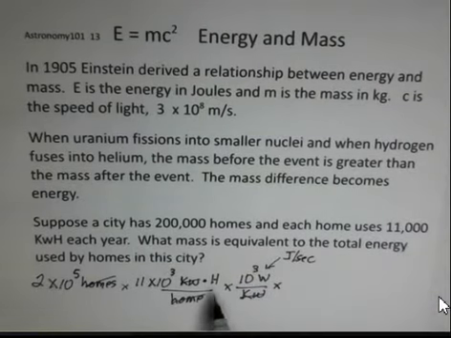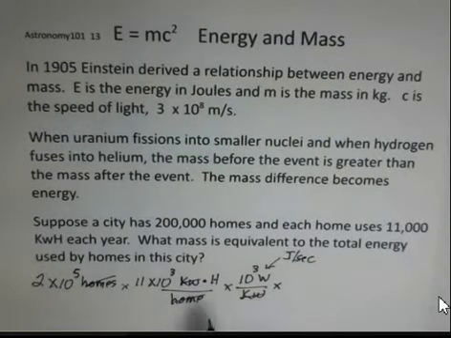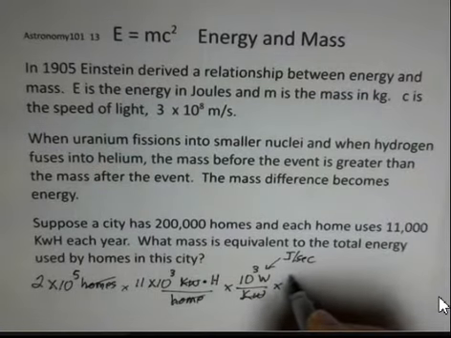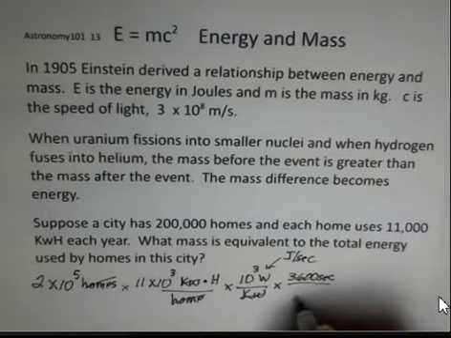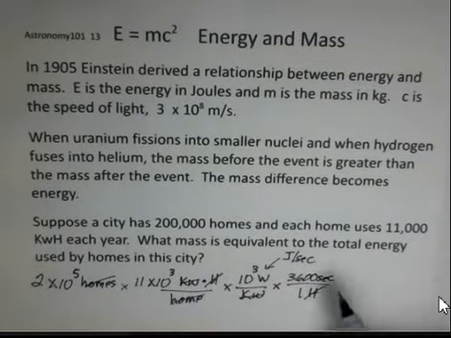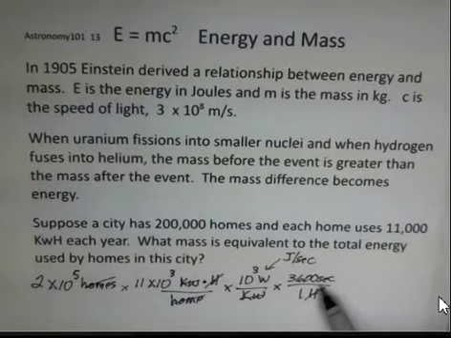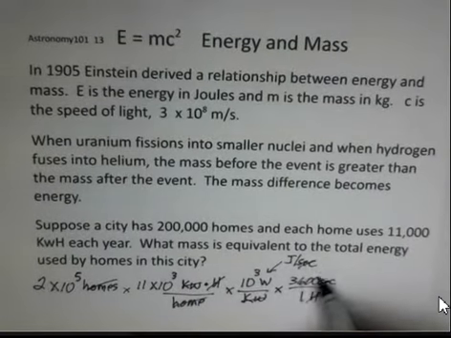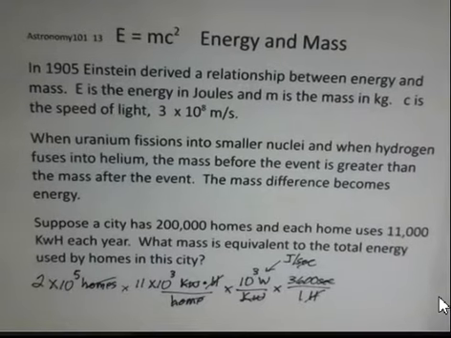So instead of 1 hour, we need the number of seconds in an hour. So that's going to be 3,600 seconds in 1 hour. And we'll be using the seconds to cancel the seconds that are part of the watt unit. The watt is joules per second. When we multiply by seconds now, we'll be just left with joules.